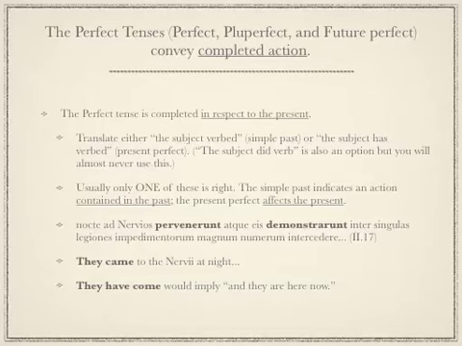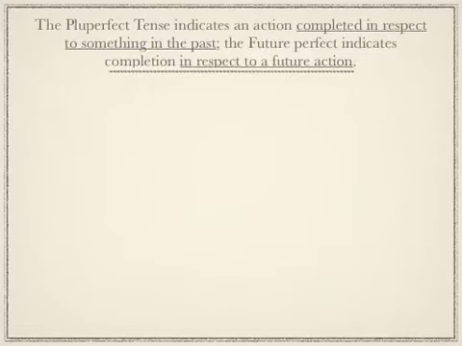If you say they have come to the Nervii at night, that would imply that they are there now. But this is some story, it's completely over, it's contained in the past, it's done. So the perfect is completed in respect to the present. The pluperfect is completed in respect to something in the past. The future perfect is completed in respect to the future.